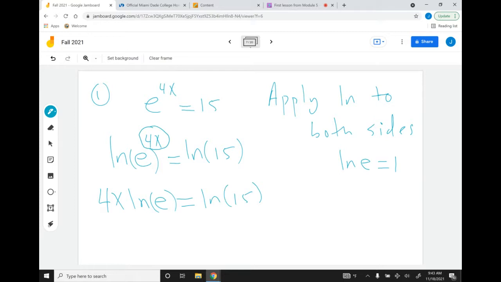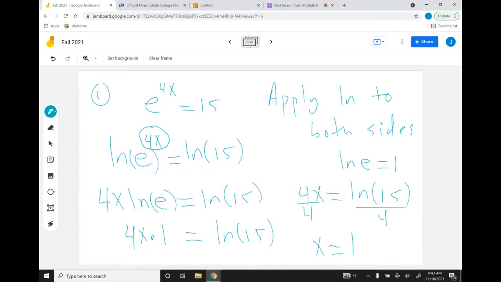So what do we have now? We have 4x times 1 equals ln of 15. And what am I solving for? Well, 4x times 1 is 4x equals ln of 15. Well, what do we do? We divide by 4.